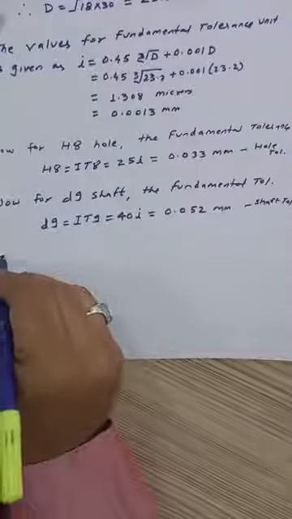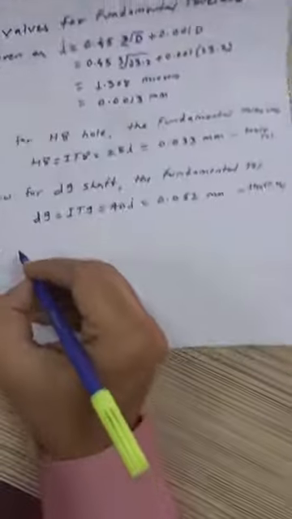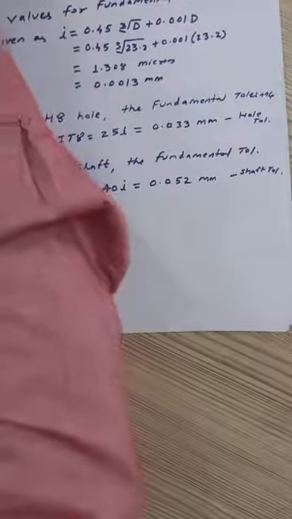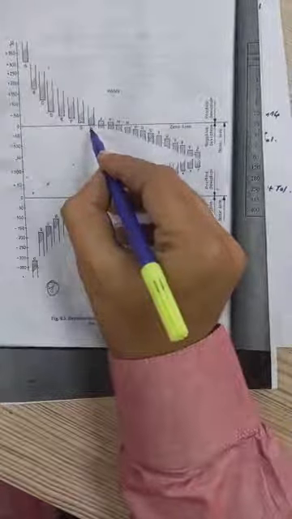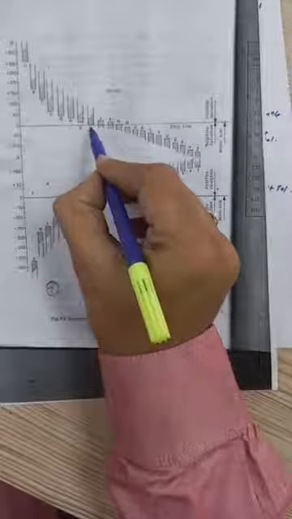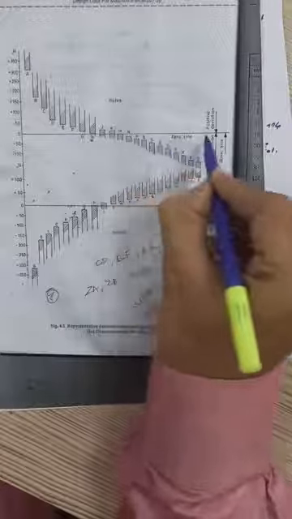Now, as we know from this table, the fundamental deviation for H type of hole is 0, since this is the zero line.